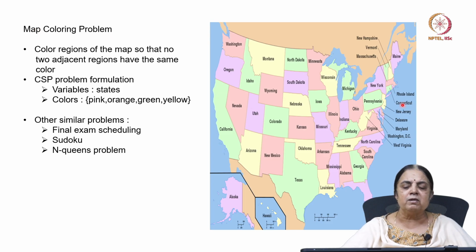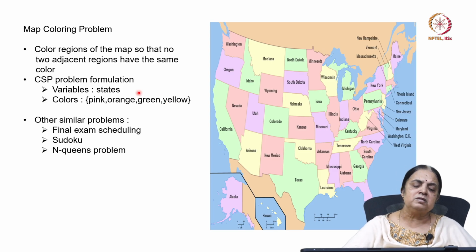Here you have the various states, those are the variables that we have, and a set of colors: pink, orange, green, yellow. The constraint is that no two adjacent regions can have the same color, so there has to be a difference in color between adjacent regions.